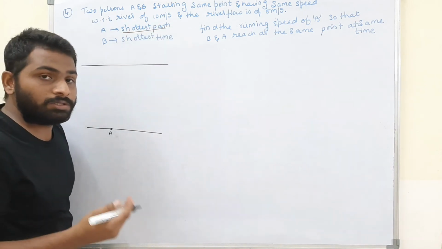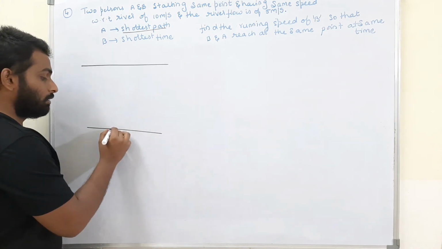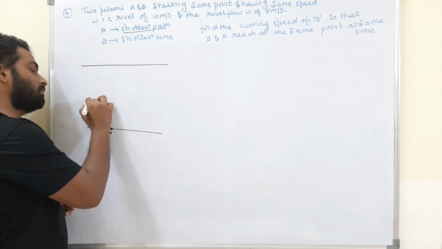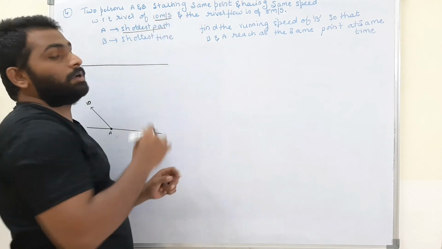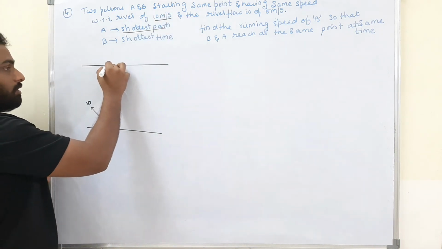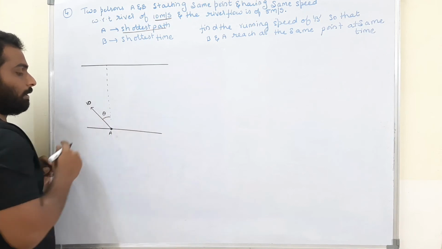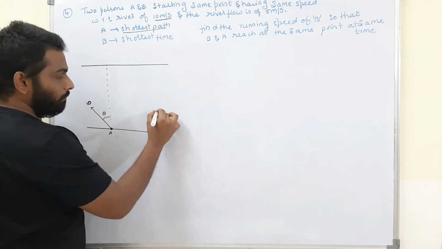If he wants to move in the shortest path, in which direction does he have to swim? He has to swim in this direction, with a speed of 10 meters per second. What is the angle made with the vertical? Some theta.